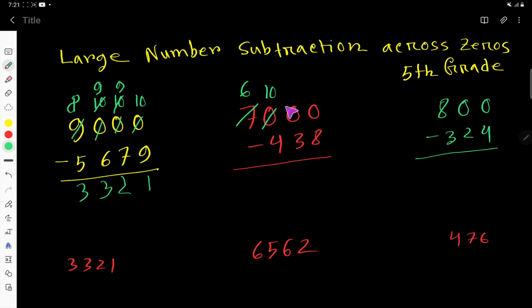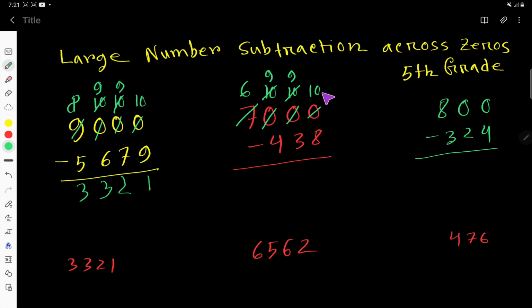And now work on this column. So borrow 1 hundred. 1 hundred in the tens column becomes 10 tens. You just have to borrow 1 and place the 1 before the digit. So borrow 1 from this and place this 1 before this 0, that is 10 ones.